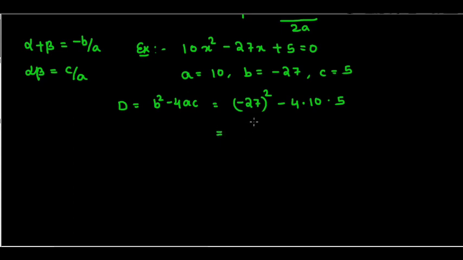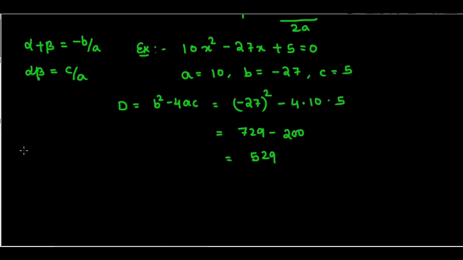So that is equal to the square of minus 27, which will be 729, minus 4 into 10 will be 40, 40 into 5 will be 200. So 729 minus 200 is equal to 529. So the discriminant of this equation is found to be 529.